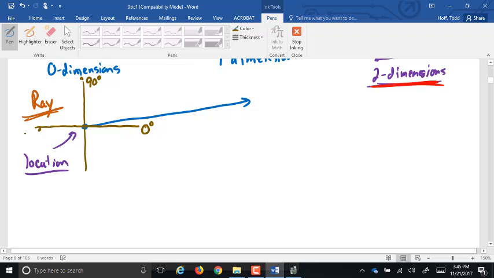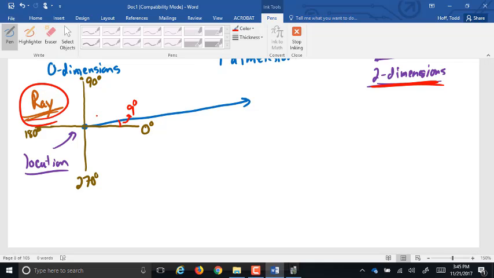This would be 90 degrees, 180 degrees, 270, and then back to 0 would be 360. It wraps all the way around. So the direction here is going to be a really small angle, and I'm just throwing a number in here. Let's say that is 9 degrees. So this ray is going off in a 9-degree direction.